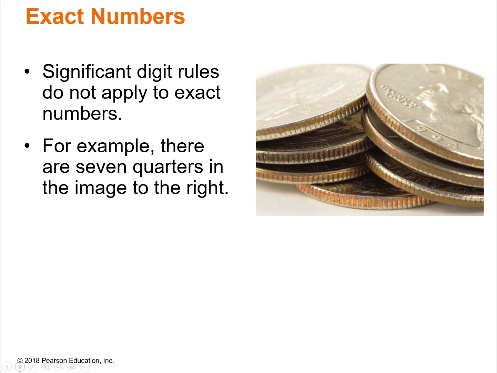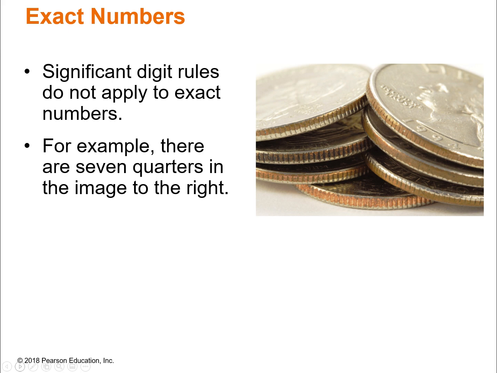Now we talked about measurements. It's something that you're looking at an instrument, you're recording a number. There are also exact numbers. For exact numbers, there are no significant figures. There's an infinite number of significant figures because we know for certain what we're looking at.